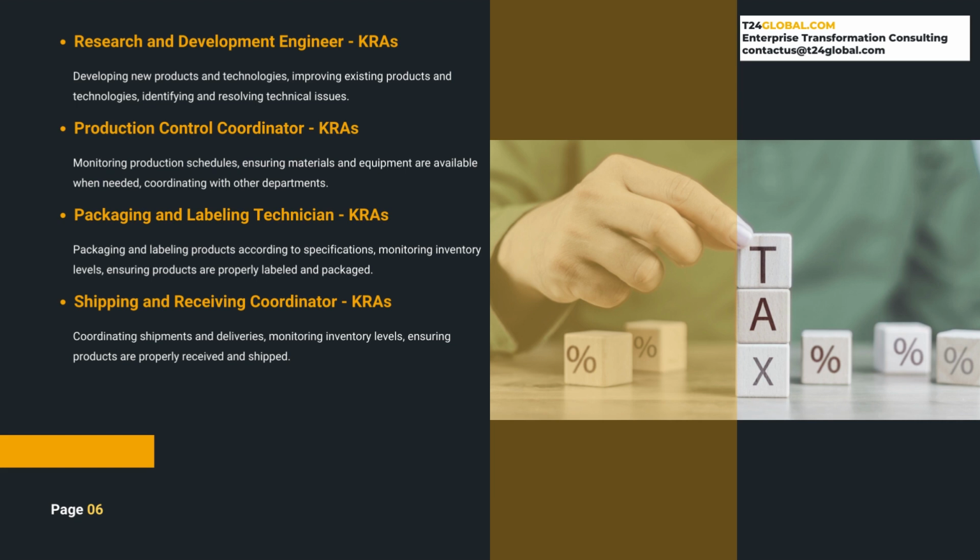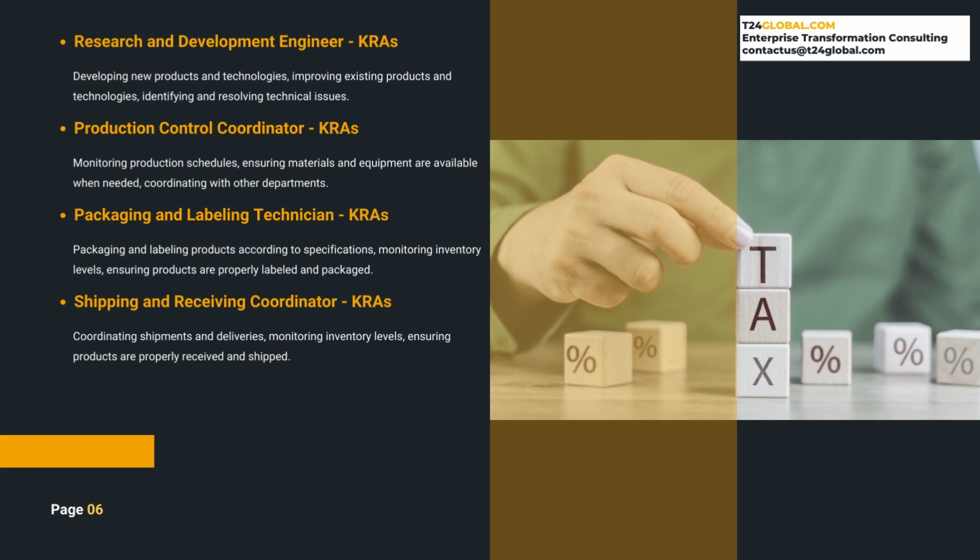Packaging and Labeling Technician. The Packaging and Labeling Technician is responsible for packaging and labeling products according to specifications, monitoring inventory levels, ensuring products are properly labeled and packaged. KPIs for Packaging and Labeling Technicians include packaging and labeling accuracy, inventory turnover rate, and production output.